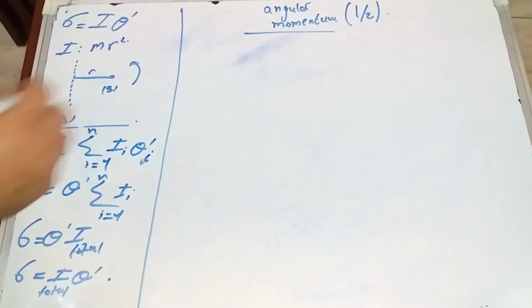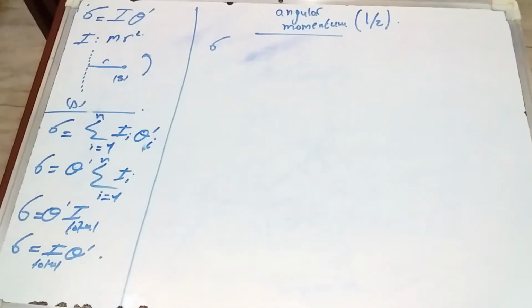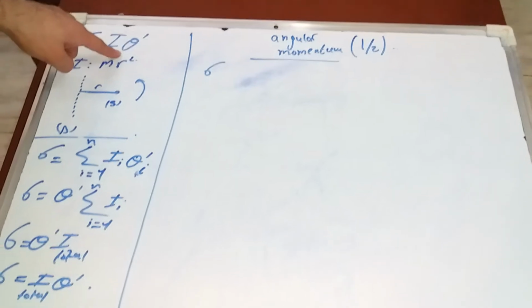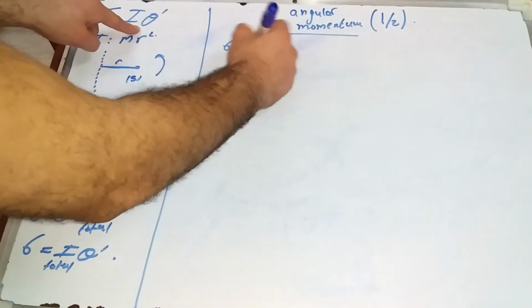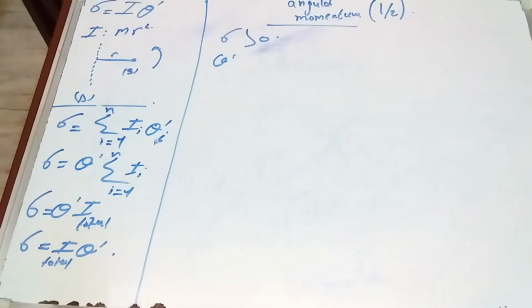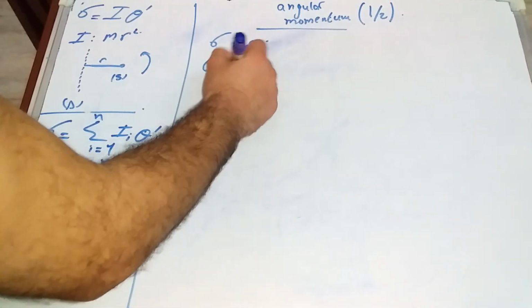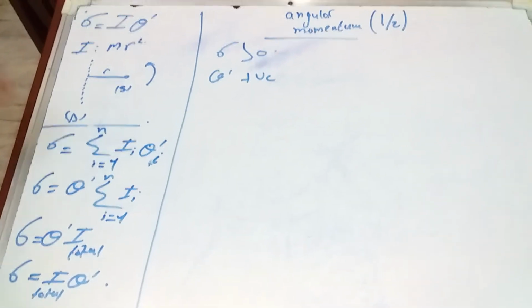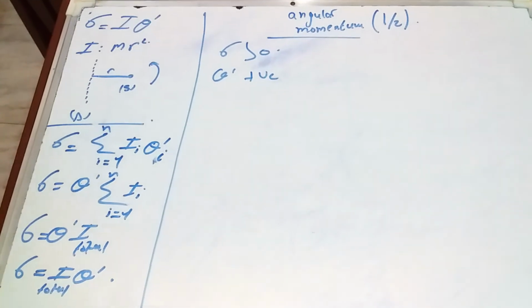Now this quantity sigma might be positive or negative depending on the angular speed. Sigma will be positive if theta prime is heading in the positive direction.